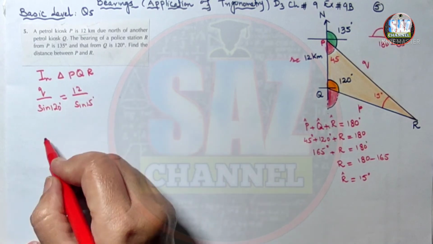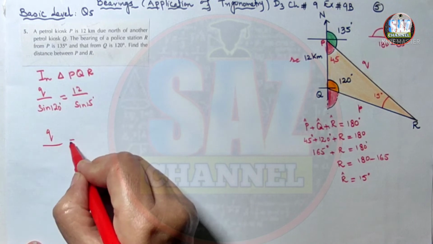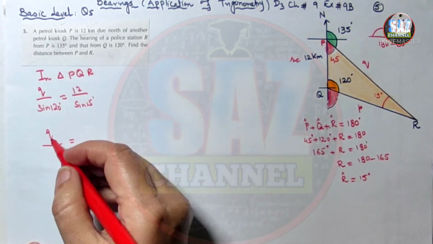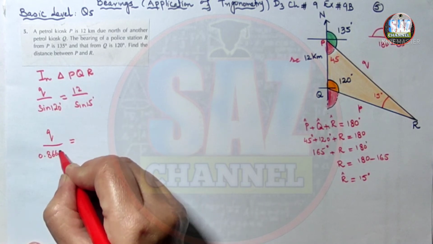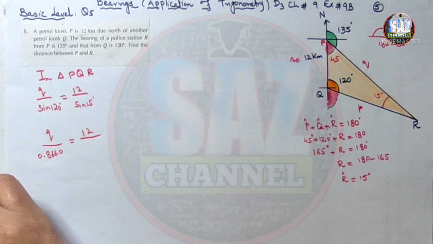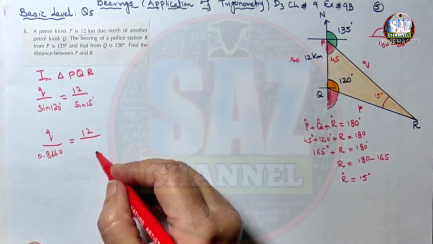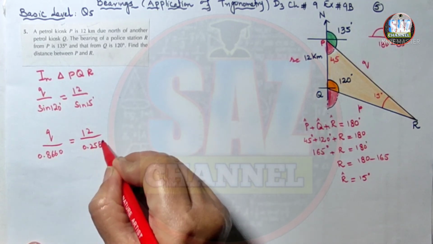Now I have to calculate the values of sine 120 and sine 15 degrees carefully. Sine 120 degrees is 0.8660, and sine 15 is 0.2588.